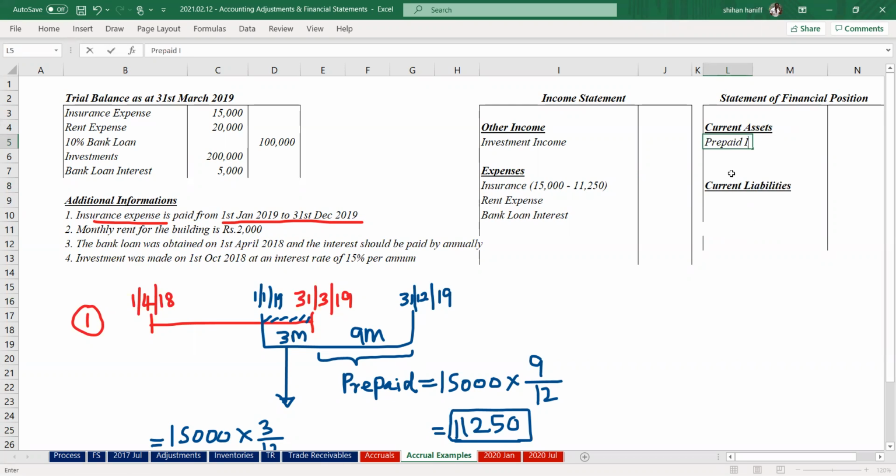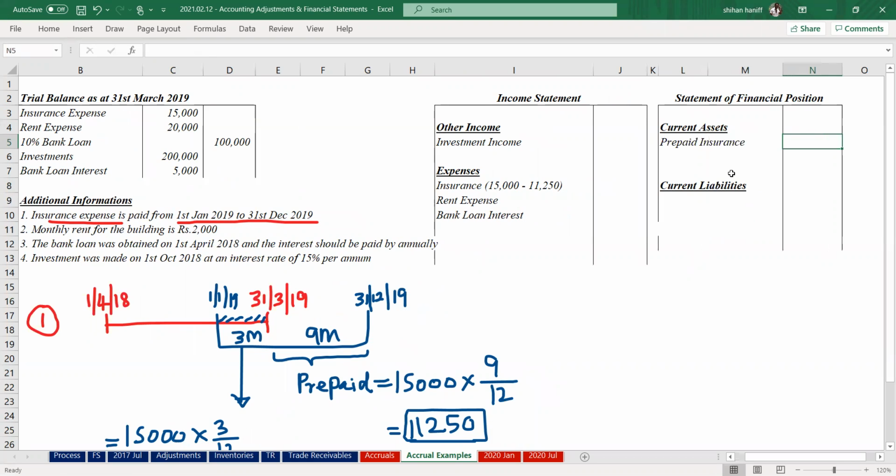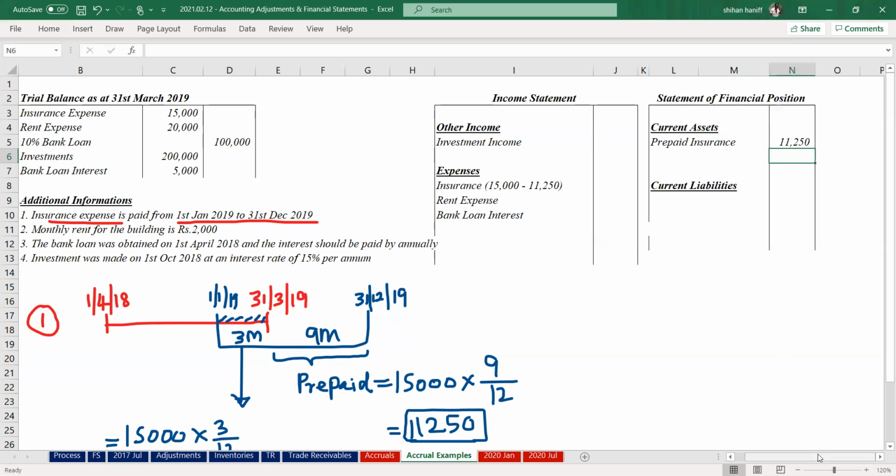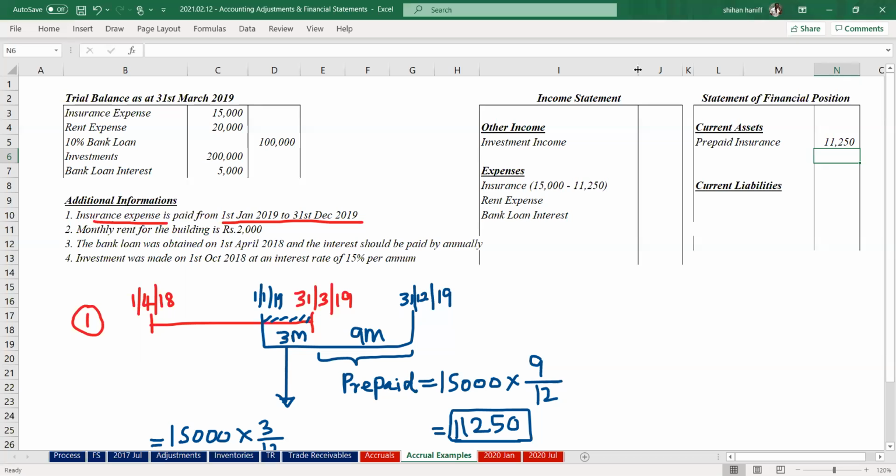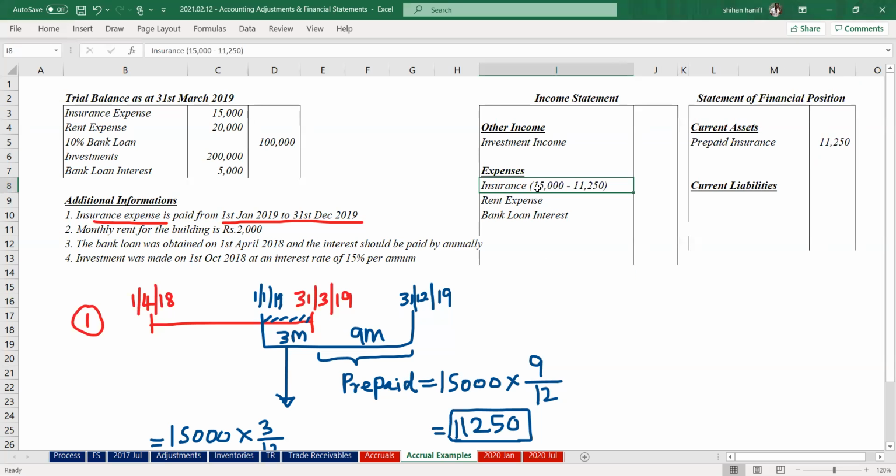Prepaid insurance, 11,250. Insurance paid 15,000. Prepayment is 11,250. So that will be deducted from the paid amount. And it's a current asset. Prepayment is an asset.